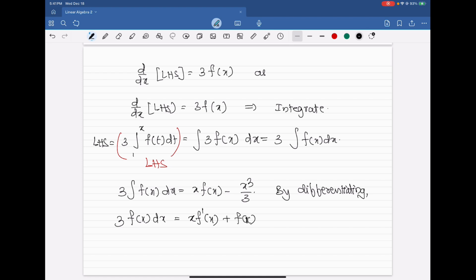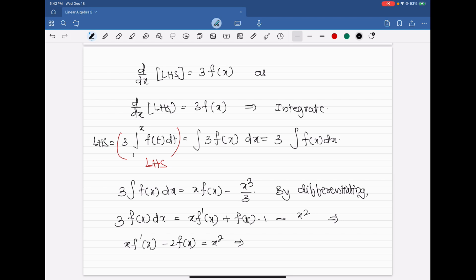Apply the UV formula. For x f x it is x into f dash x plus f x into 1, minus x square. Differentiation of x cube by 3 is x square. This implies f x is there, then you take everything on one side, x f dash x minus 2 f x is equal to x square.